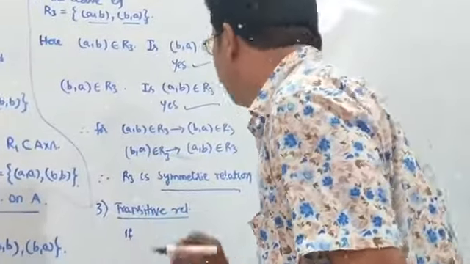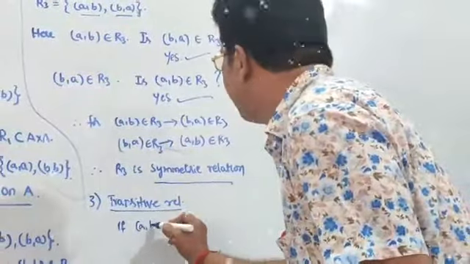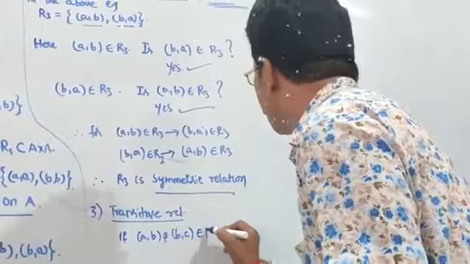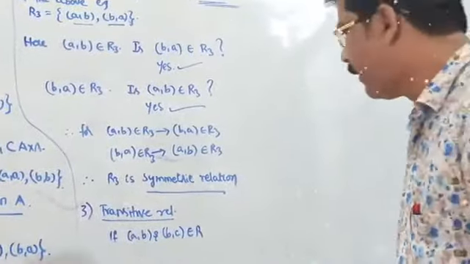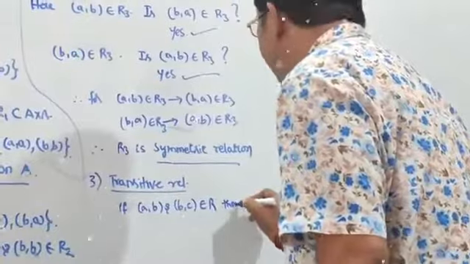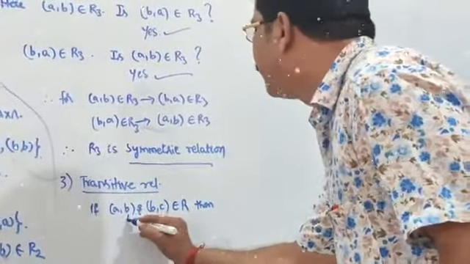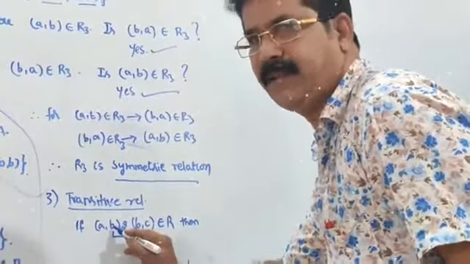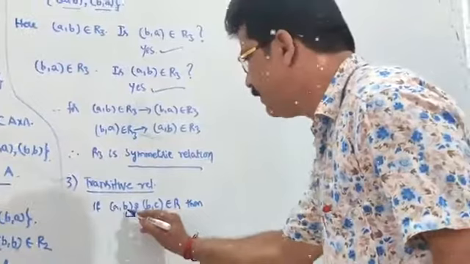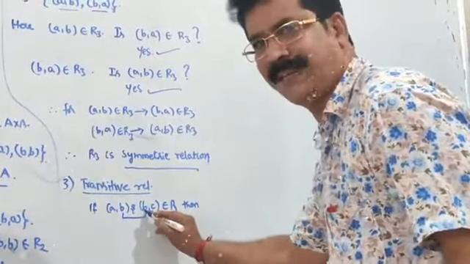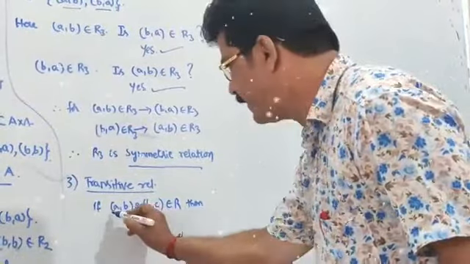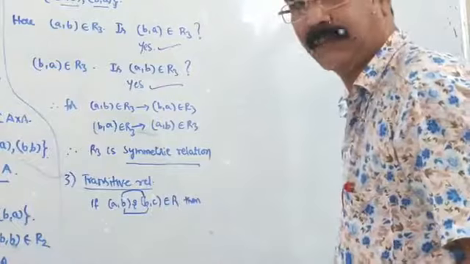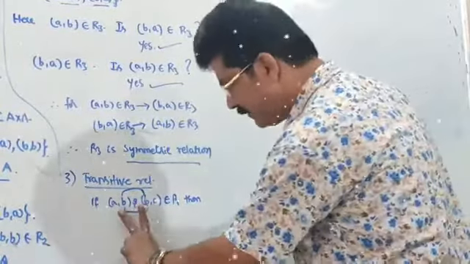If (a, b) and (b, c) belong to a set capital R, then, note, the second element b in the first ordered pair is repeated as the first coordinate in the second ordered pair. Once again, this is the first element.